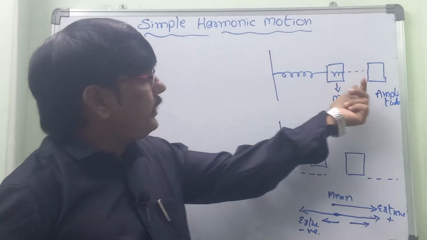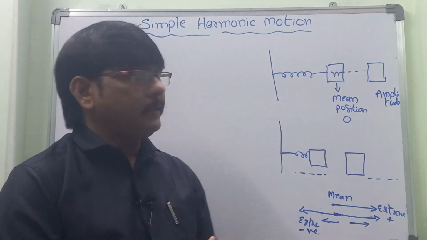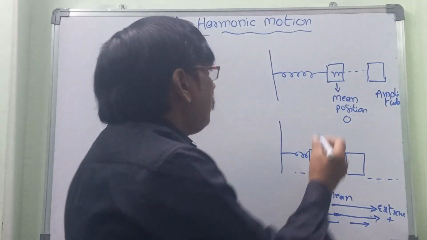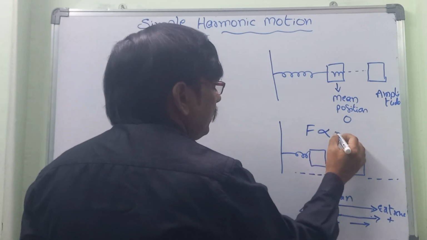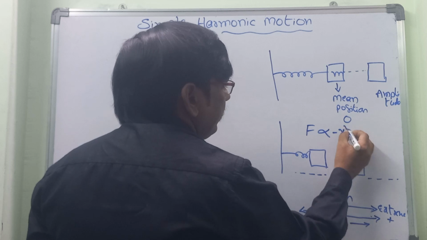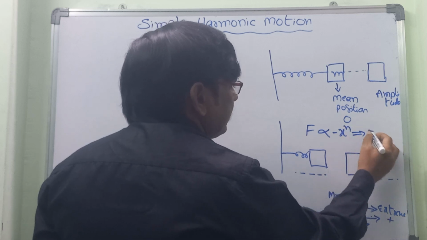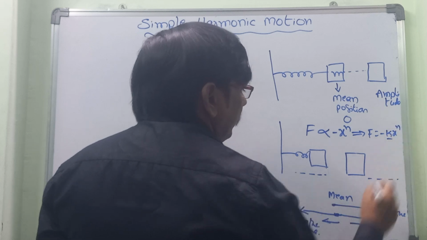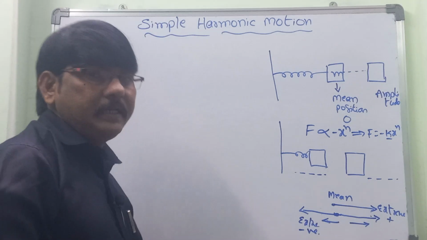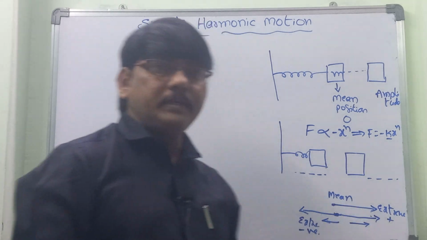Why does the particle come back again? Due to a force. Let us take that force F, which is directly proportional to minus x to the power n. We can write F = -k x^n, where k is a constant and x is the displacement of the particle.